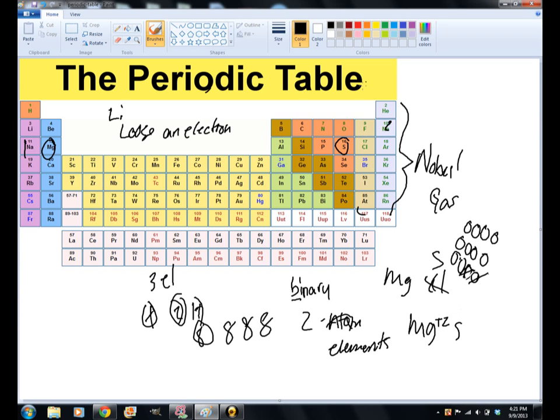And sulfur wants to gain 2, so it has more electrons now, so that means that it has a negative charge. And these fit right together because 2 minus 2 equals 0. So that is perfect. And your answer, MgS.